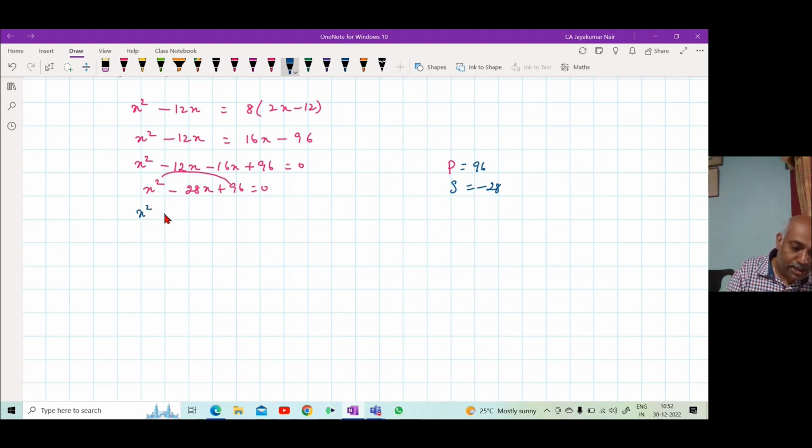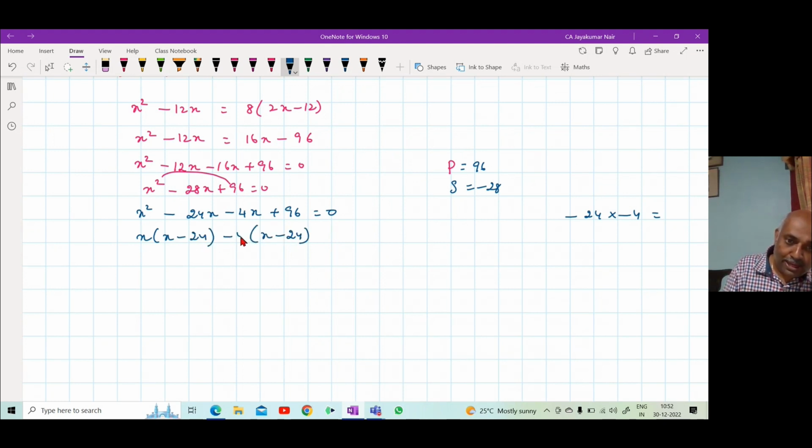So x squared minus 24x minus 6x plus 108 is equal to 0, because minus 24 into minus 6 will give you plus 144. When you add them you will get minus 30. So x into x minus 24, here also x minus 24 minus 6 is equal to 0. X minus 6 into x minus 24 is equal to 0.